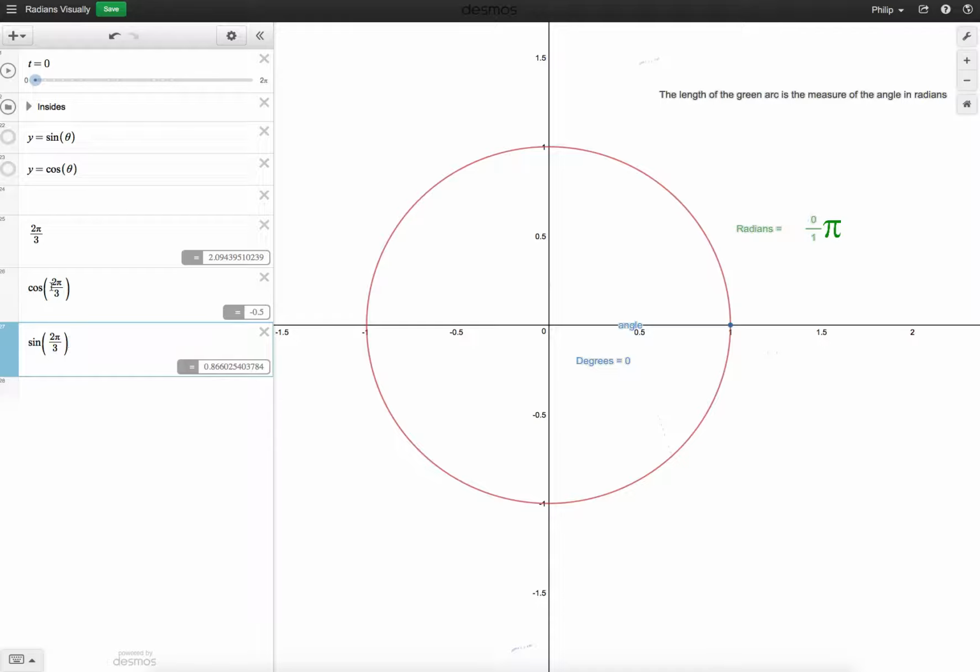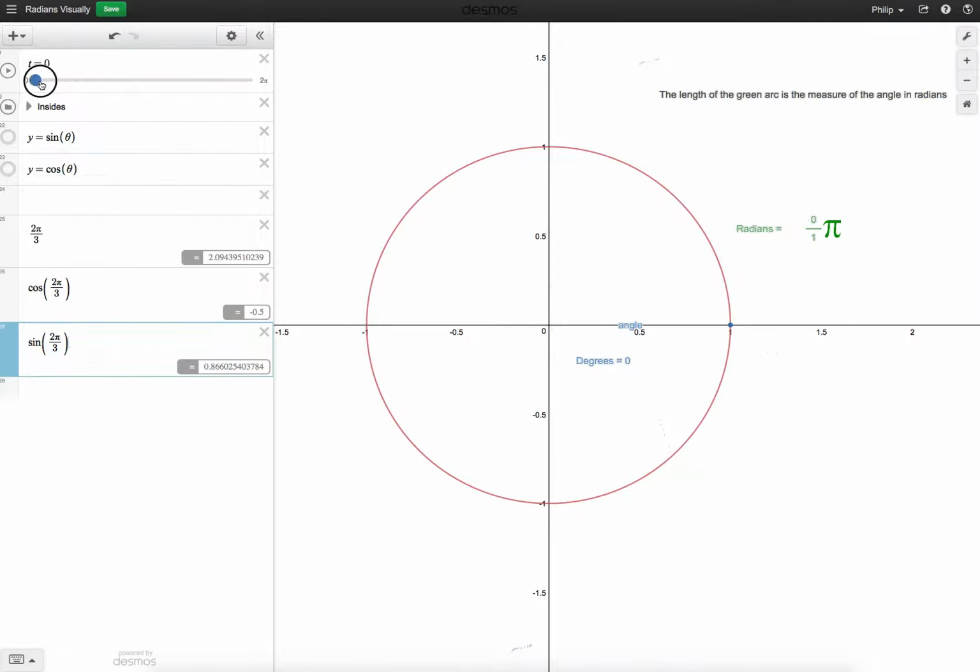The cosine function takes an input, which is a distance around the unit circle, or an angle, and the output that it gives you is the x-coordinate of that point on the unit circle. And the sine function does the same thing. It takes in an angle, or a distance around the unit circle, and it gives you the y-coordinate of your ending point.